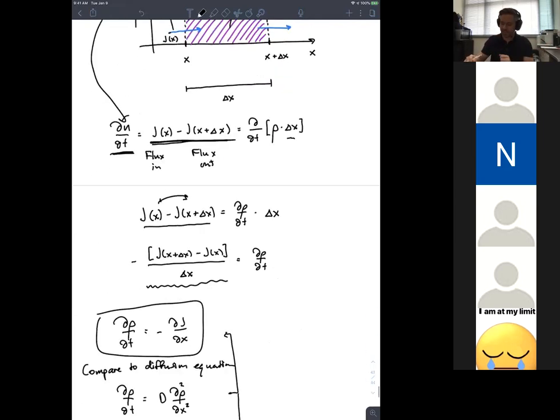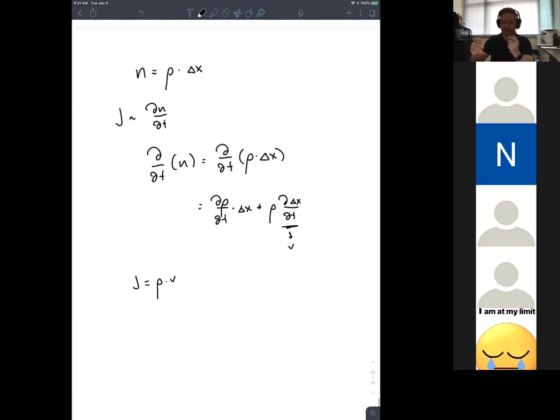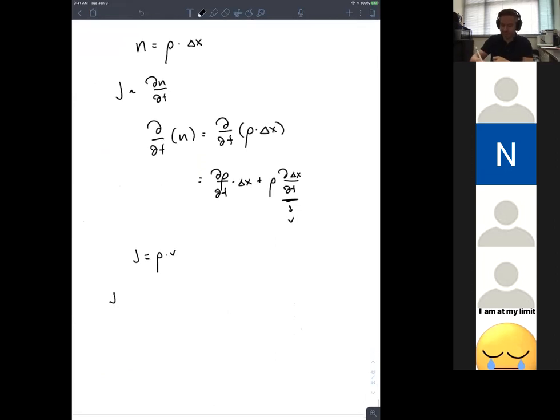All right. So in other words, from this argument, I know that my flux term should look something like the concentration profile times the speed. And hence, I am going to hypothesize that my drift flux is just equal to my concentration profile times the drift speed, which is equal to the concentration profile times the external force times the mobility.